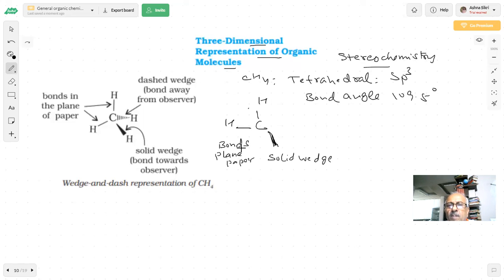And these dash lines are used. What do the dash lines show, students? It is moving away from the observer. This is the front side, that is the back side. So we'll use two types of wedges. One will be solid, one will be dashed wedge. Solid wedge, this is called the dashed wedge.